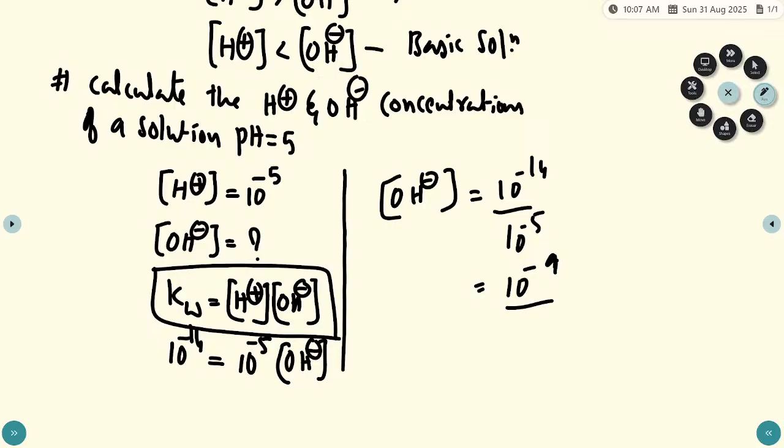So the next, last topic, buffer solution.